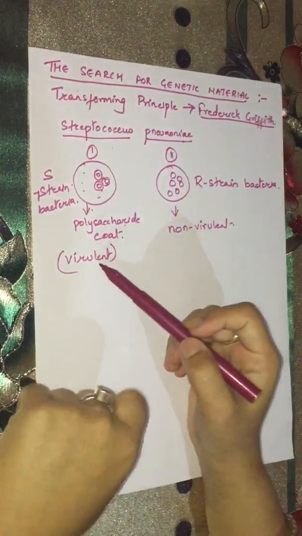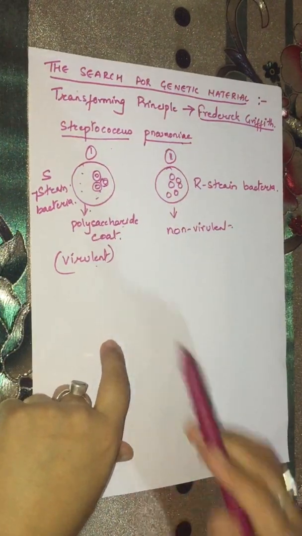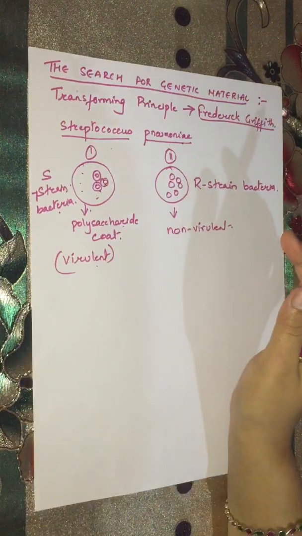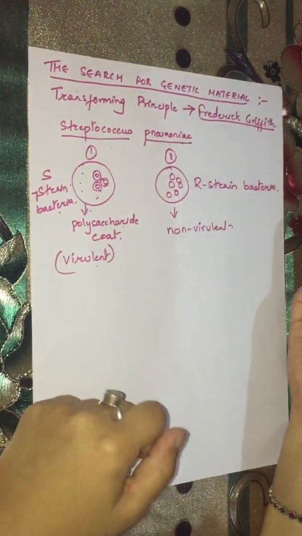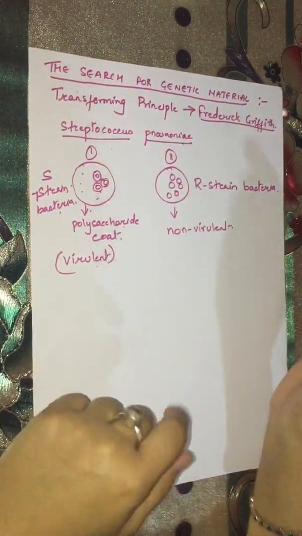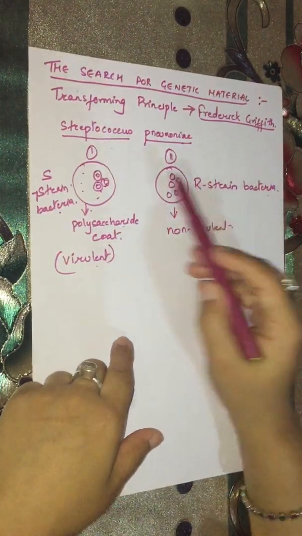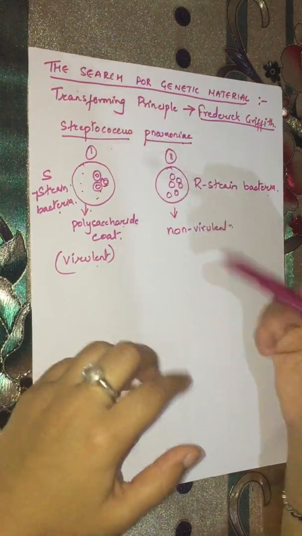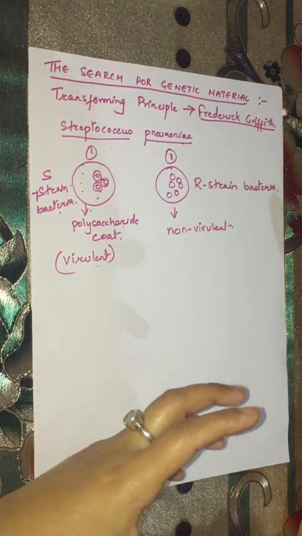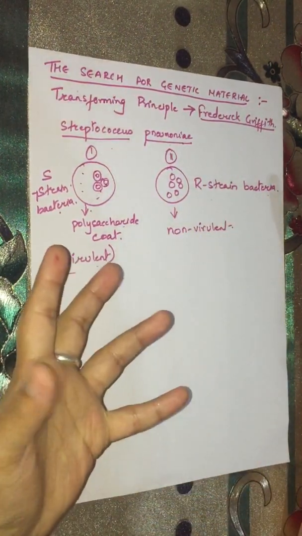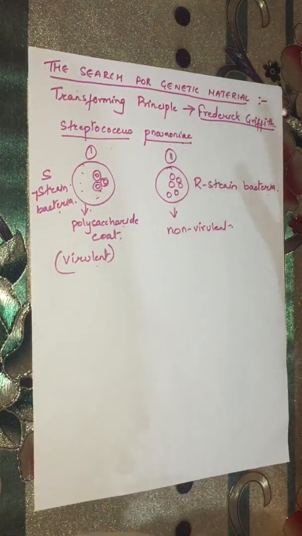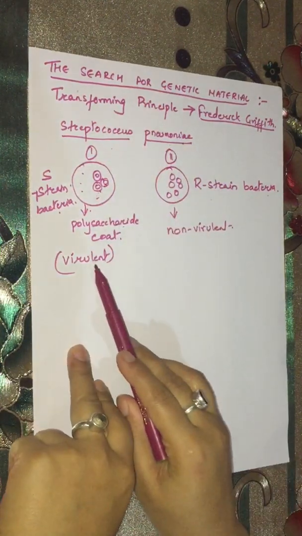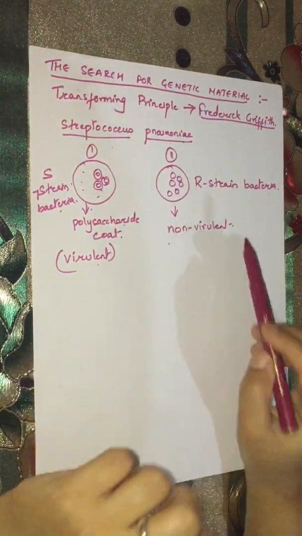So this virulent S strain bacteria causes pneumonia in the other organism, and with that pneumonia the organism can be killed. But the R strain Streptococcus pneumoniae is non-virulent. That means even if they infect some other organism, it cannot lead to the death of that organism.